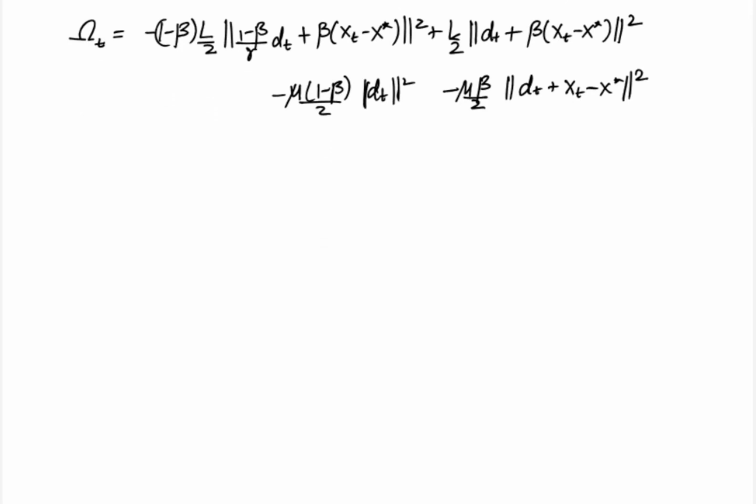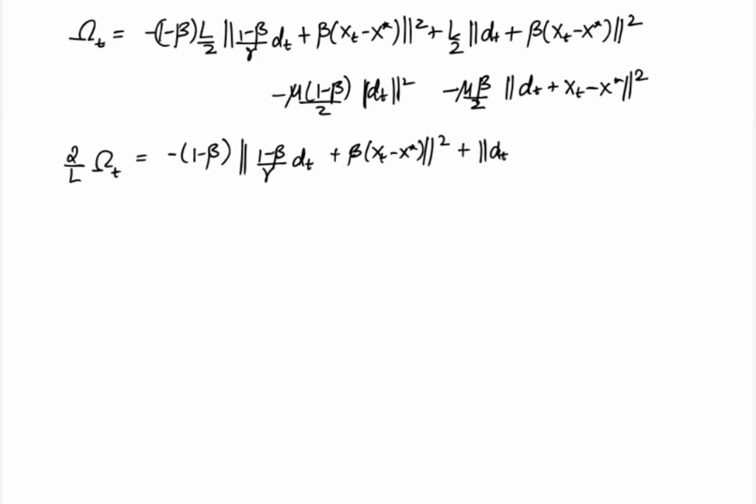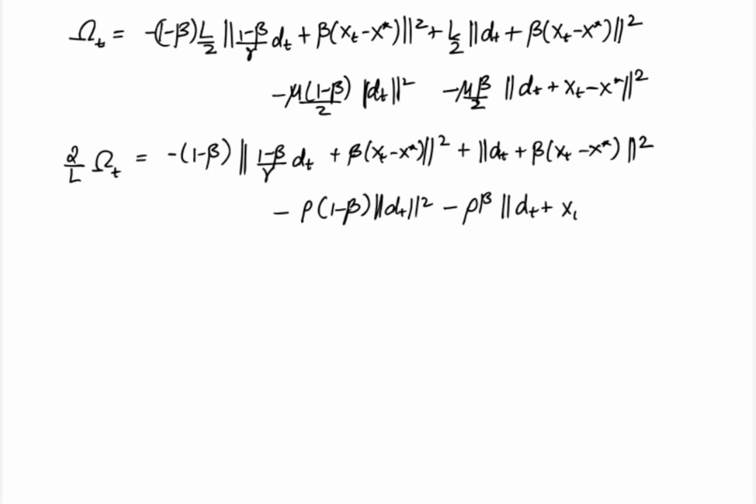Let us multiply both sides by 2/L and then expand the right hand side so as to get 2/L times ω_t is equal to −(1 − β) ‖(1 − β)/γ d_t + β(x_t − x*)‖² + ‖d_t + β(x_t − x*)‖² − ρ(1 − β)‖d_t‖² − ρβ‖d_t + x_t − x*‖².